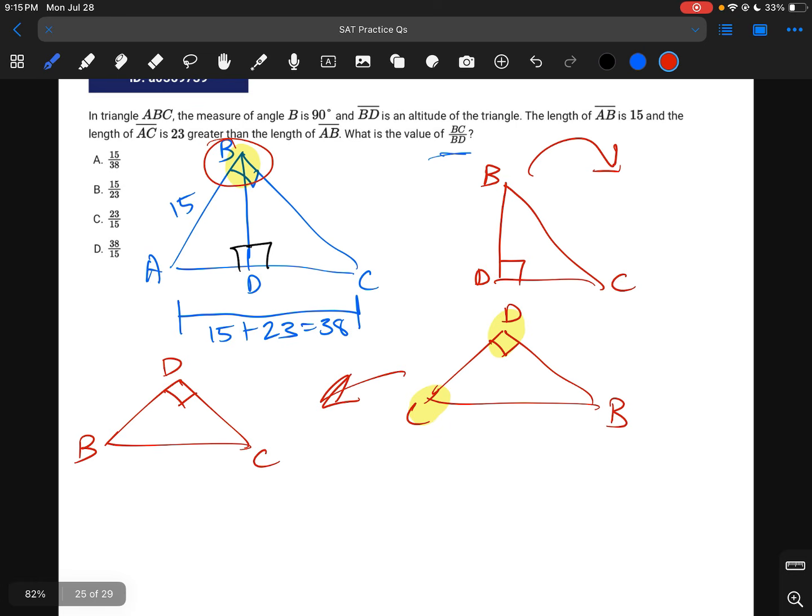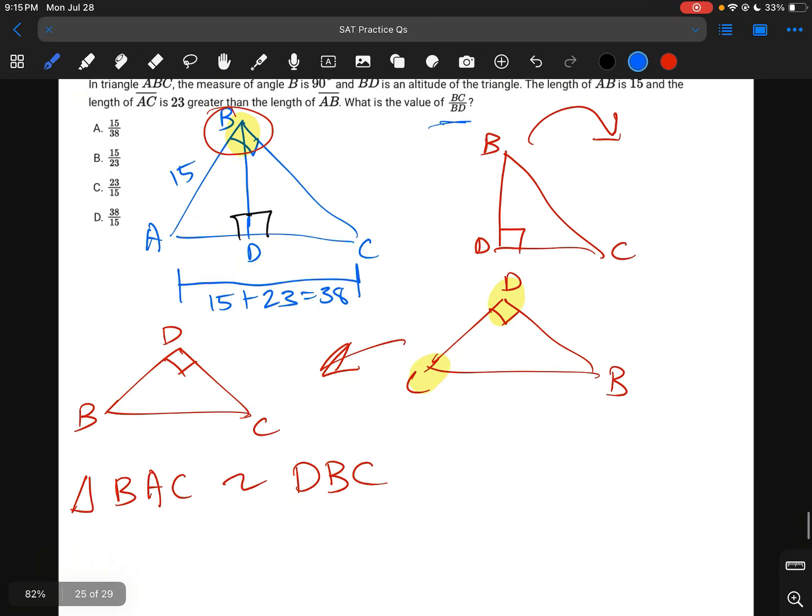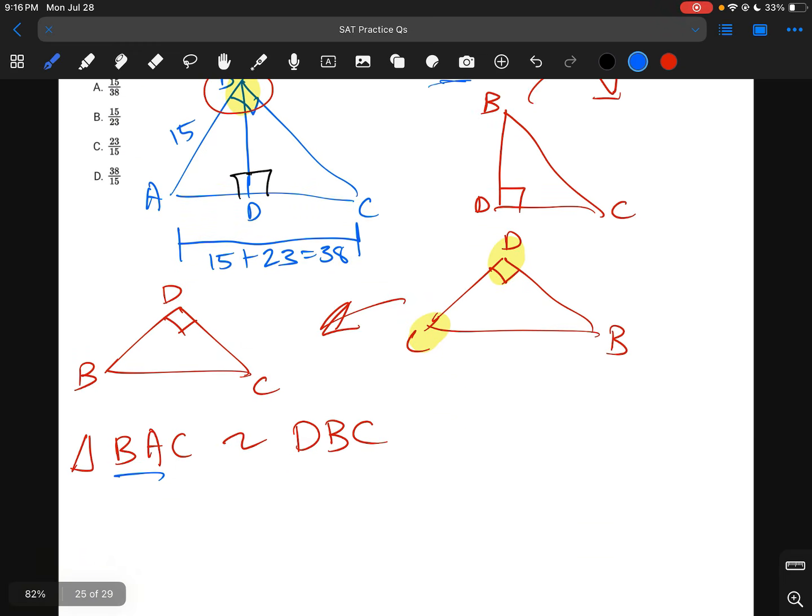Okay, so let's make this statement. We have this statement that triangle BAC is similar to triangle DBC. And the relationship between similar triangles is saying that there is a ratio of BA to DB. So BA has some relationship to DB, and AC has some relationship to BC.